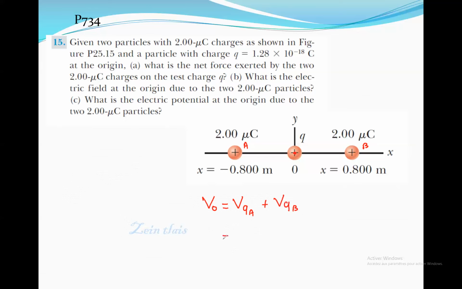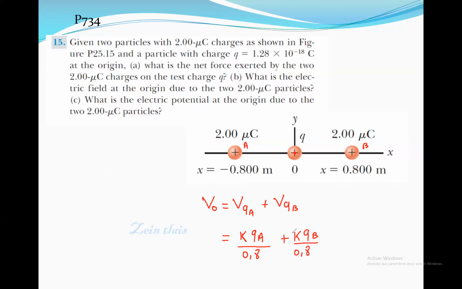We get K QA divided by 0.8 plus K QB divided by 0.8.